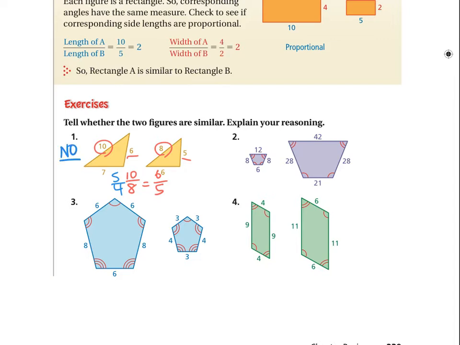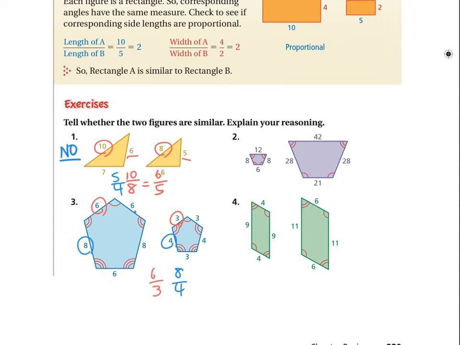For number 3, I have a pentagon with sides 6s and also 8s, and then the second one I have 3s and 4s. If you choose the corresponding sides, 6 over 3 should equal, let's choose something else, 8 over 4. And you can either simplify the fraction or cross multiply and see if they're the same.